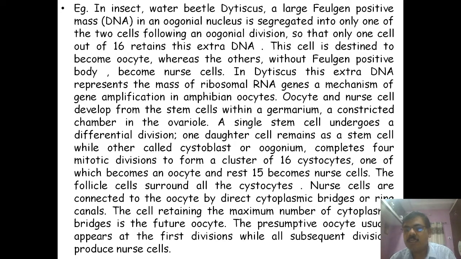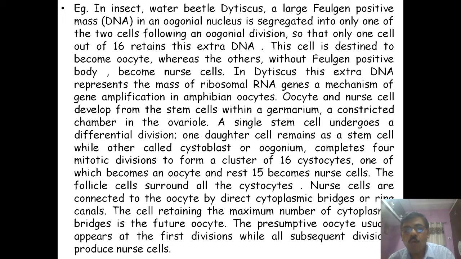From the cluster of 16 cells, 15 become nurse cells and one becomes the oogonium. In Dytiscus, this extra DNA represents the mass of the ribosomal RNA genes, a mechanism of gene amplification as in amphibian oocytes.